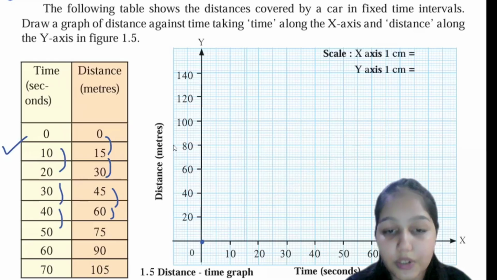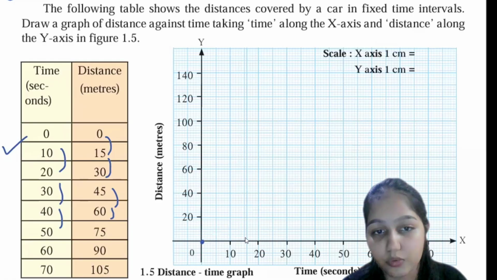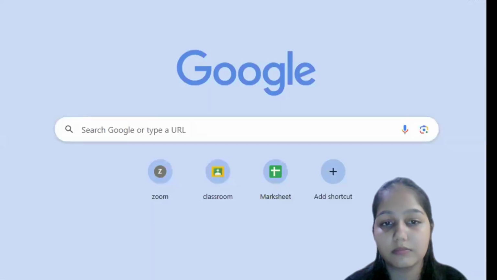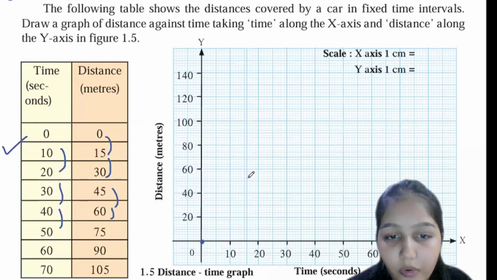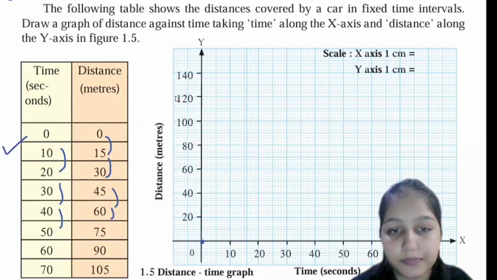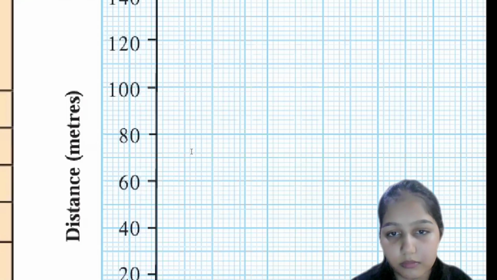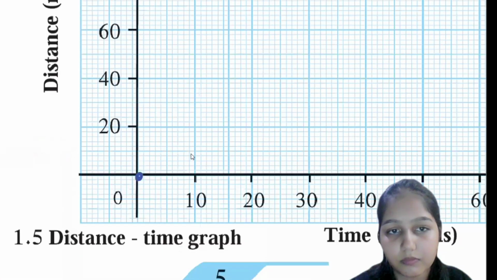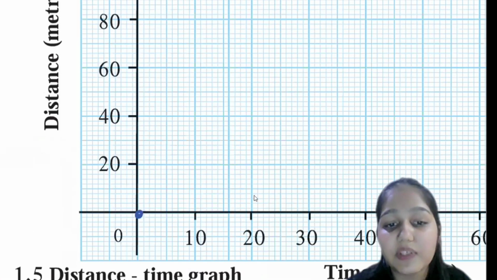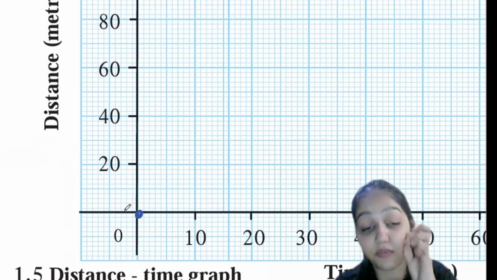Okay. So here, if you can see, if I can zoom, 0 here is for 15 distance, 15 meter.